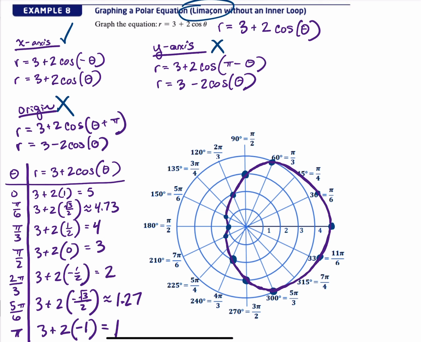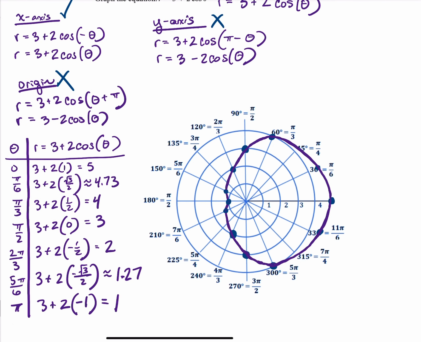Or is it Latin? It definitely means snail. Do you see a snail? I'm not sure. And it says without an inner loop. So we'll see a version that does have an inner loop. We'll see what they mean by that. So like a dimpled circle.